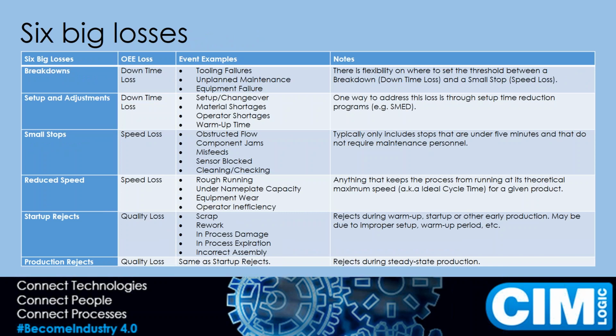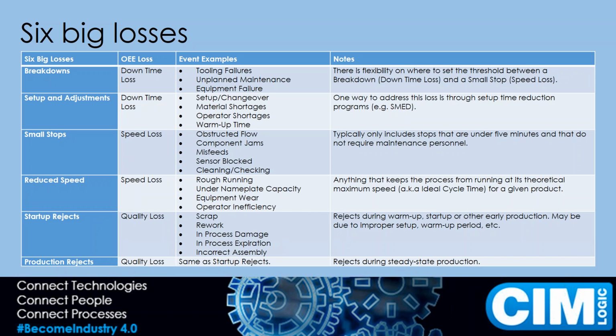Decomposing those three factors, the downtime losses, the speed losses, and the quality losses, we have three big types of losses in a manufacturing environment. We might have losses due to breakdowns or setup and adjustments, and those contribute to downtime losses.